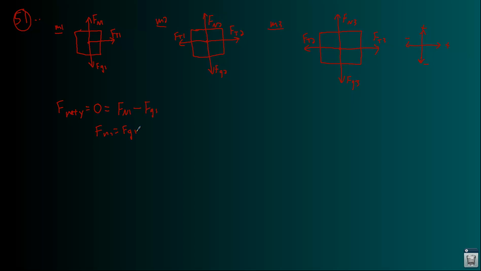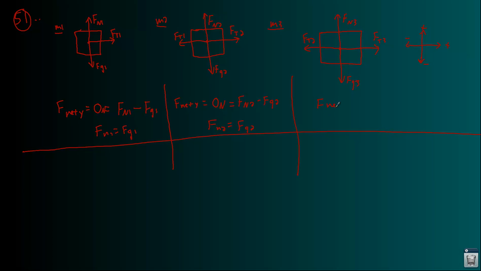By the way, this is useless for solving the problem, but because I'm using this as an example to teach you how to do this, I'm going to take the time to go through it. F net in the y direction is, again, 0. I should be labeling newtons. And that's Fn2 minus Fg2. And so Fn2 equals Fg2.